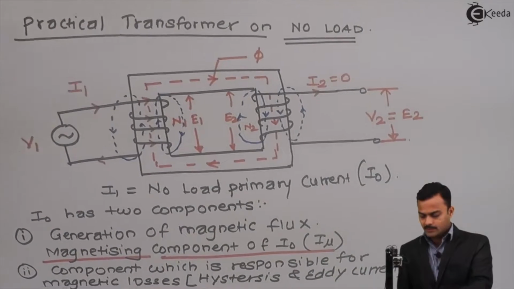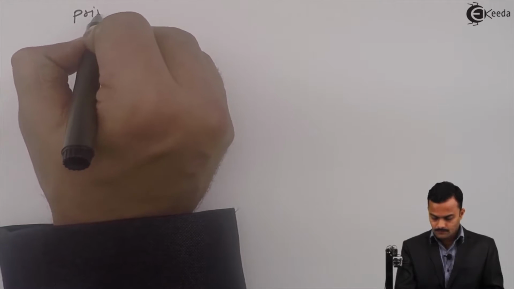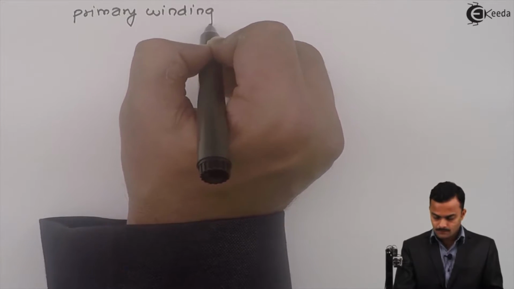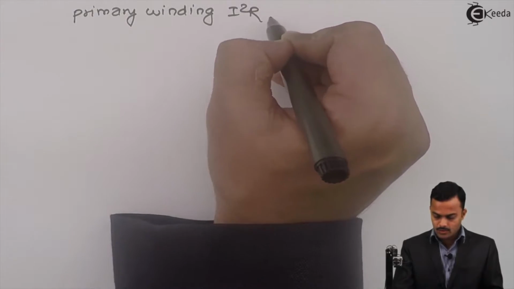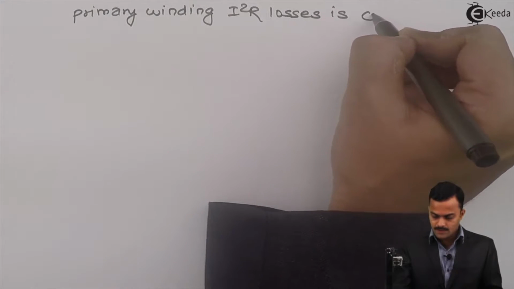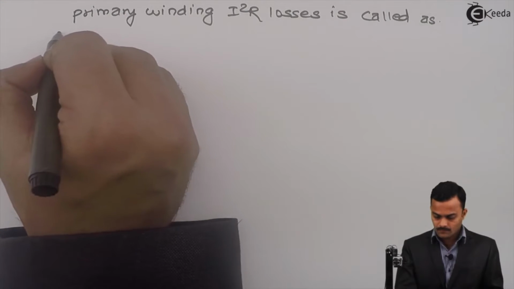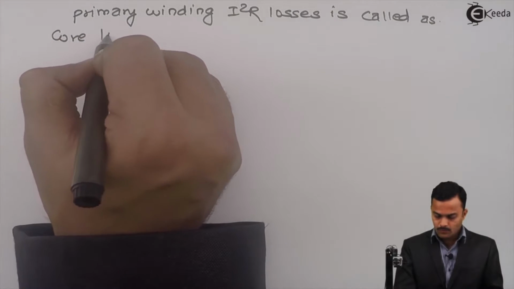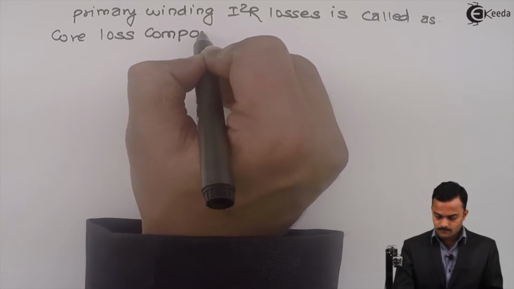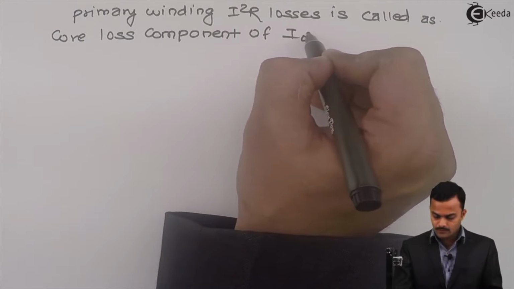So the component responsible for the magnetic losses and the primary winding I square R losses is called the core loss component of I0.